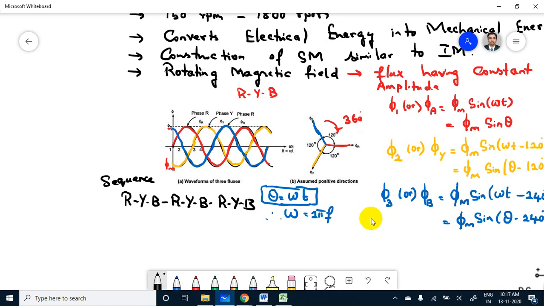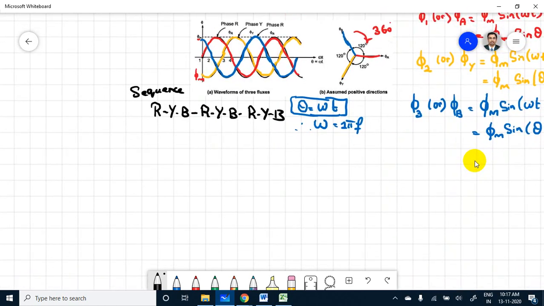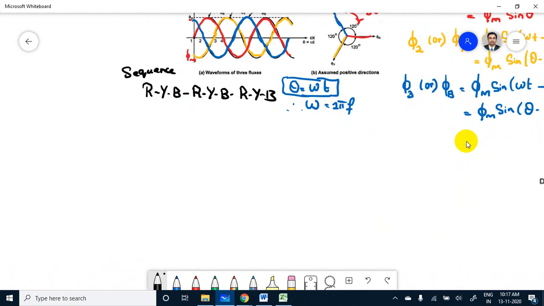I understand. And one more thing, regarding the direction of this rotating magnetic field, a reverse direction is also possible.